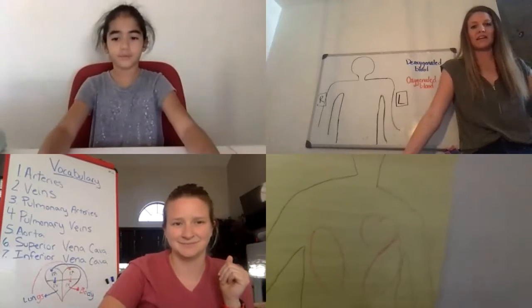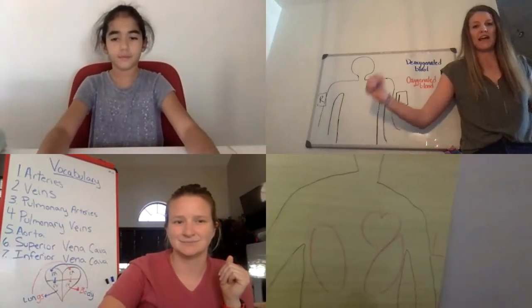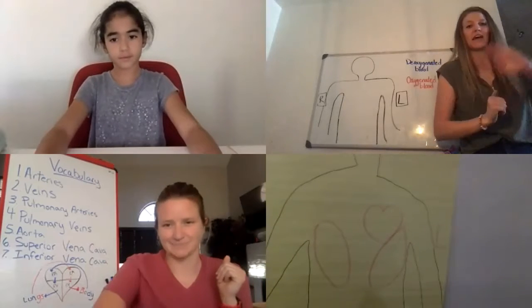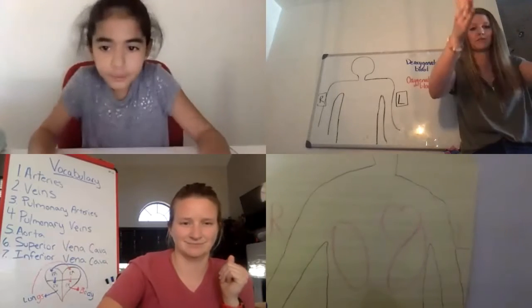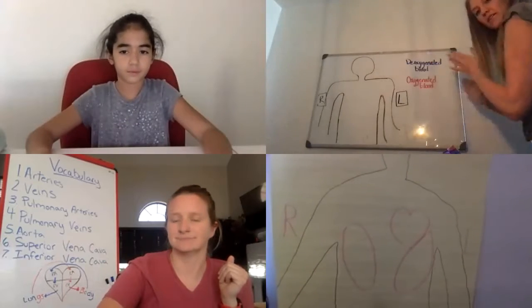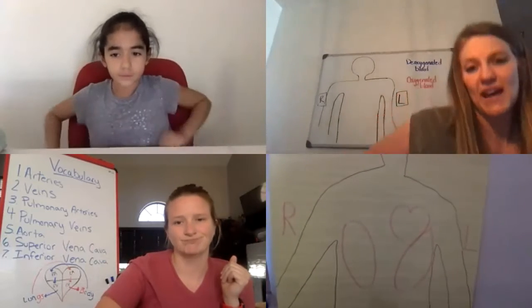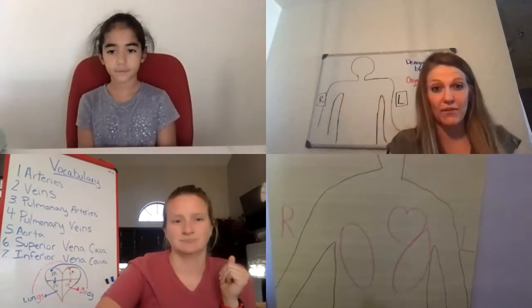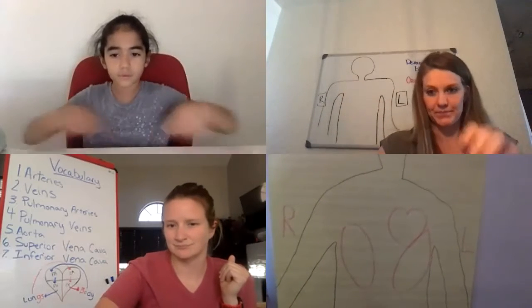You'll notice that I'm standing up next to Mr. Nobody, and my right is my actual right because we're both facing the same direction, and my left is my actual left because we're facing the same direction. If I were to be facing it like a mirror, they would be opposite, right? So that's why we have them labeled R and L in order to show that, and help us keep it straight.